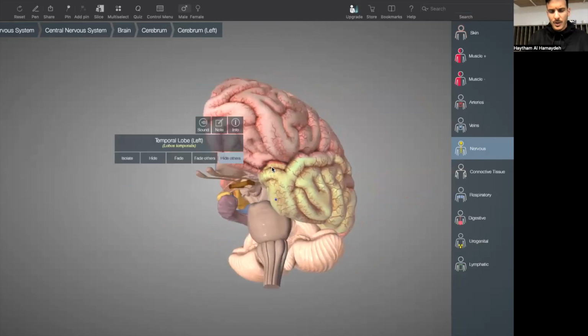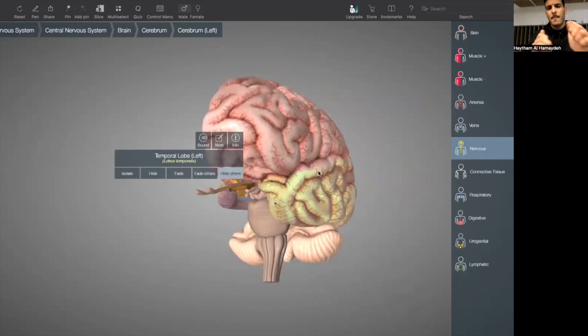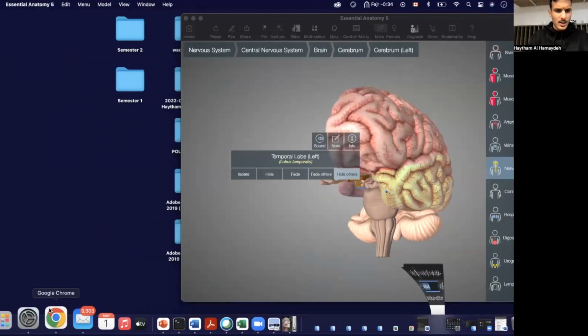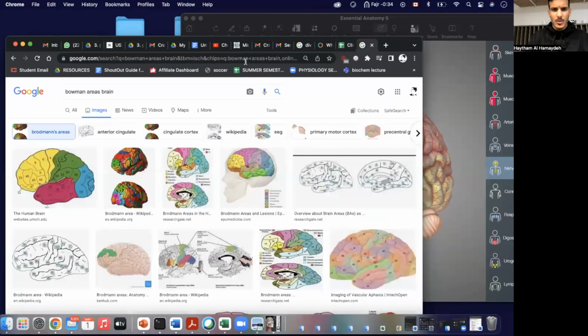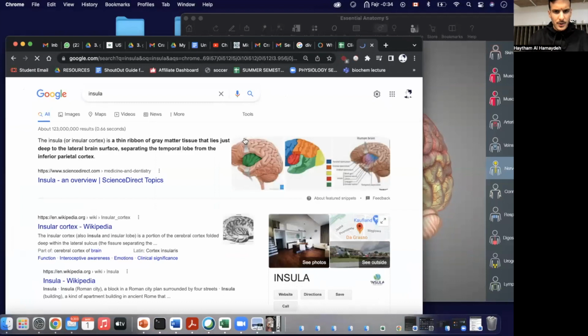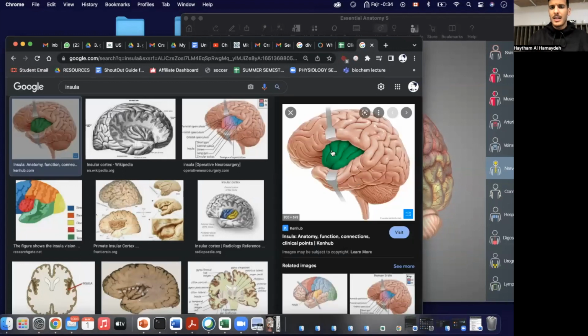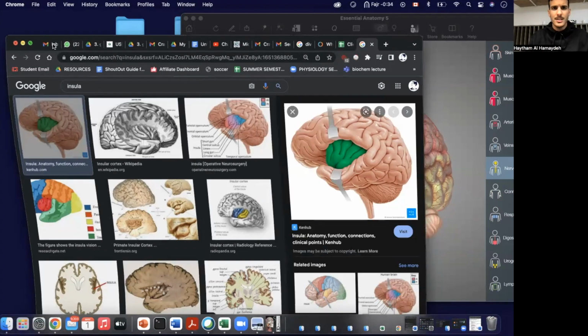Basically, what we have to do is open this part up, and then you will see the insula lying within it. There, you see. If I take that lateral fissure and open it up, I will see the insula. So that's just to give you guys an idea.